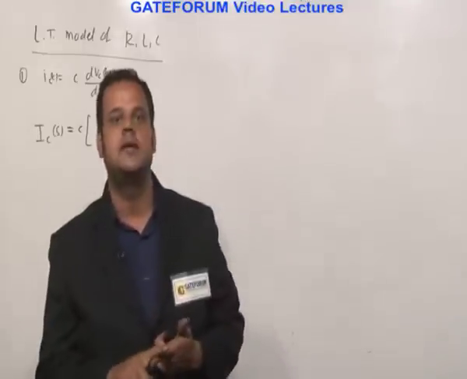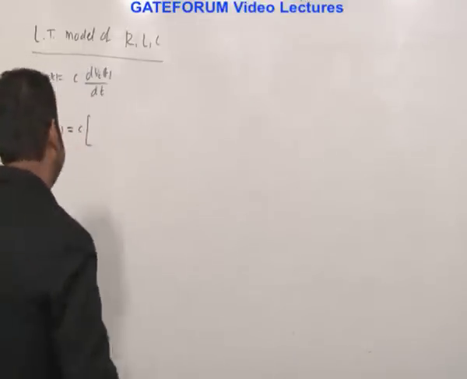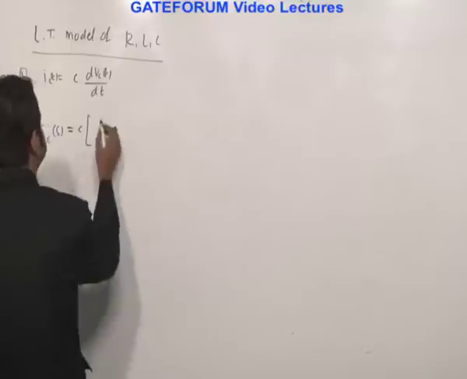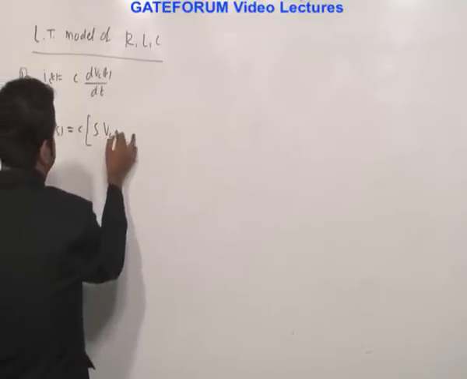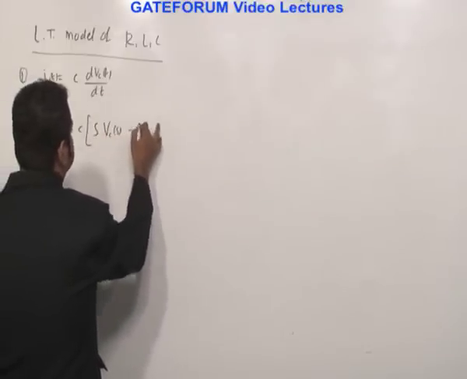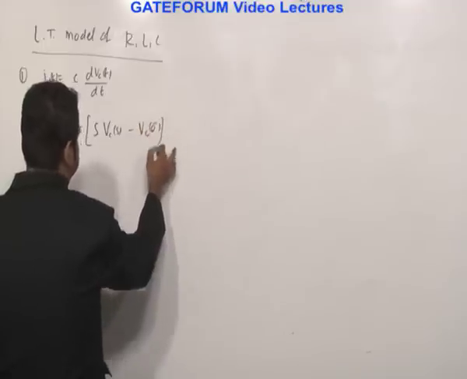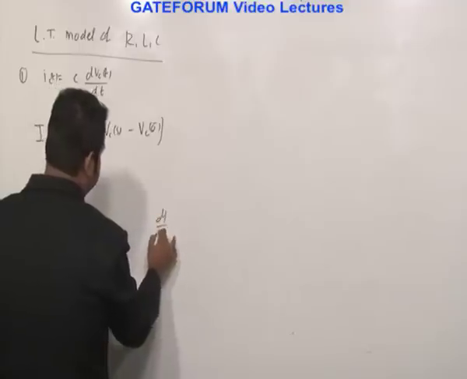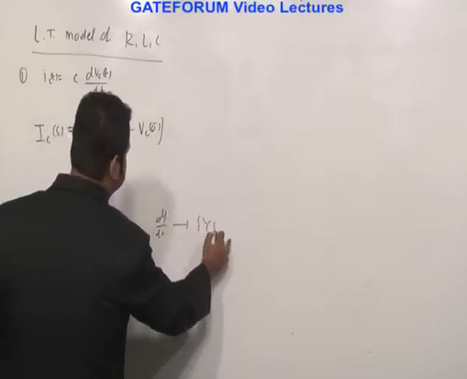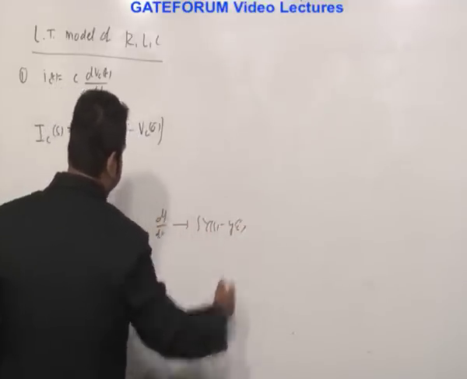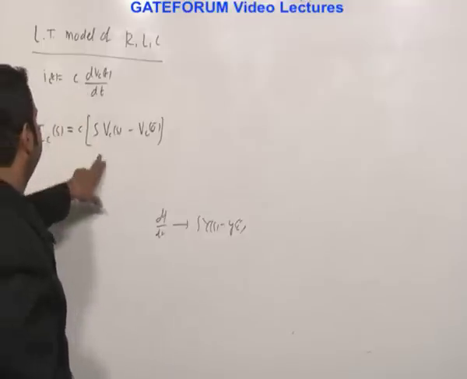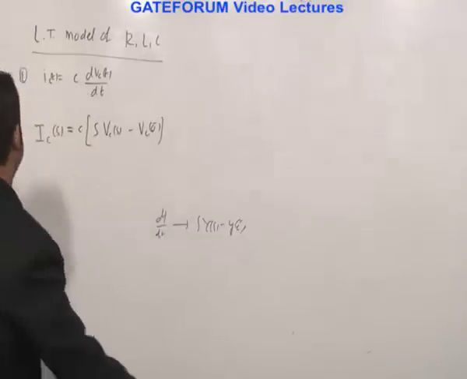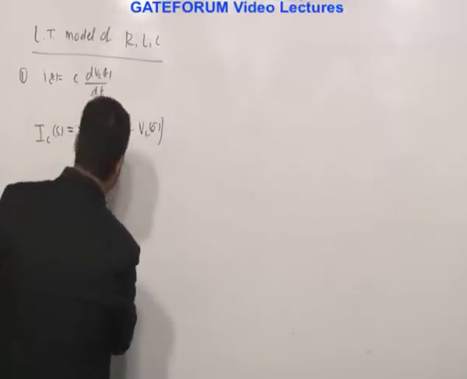It is s into x of s minus x of 0 minus. So what should I write for this? s into VC of s minus VC of 0 minus, because by the property, dy by dt has s into Y of s minus y of 0 minus. So for dv by dt it is s into VC of s minus VC of 0 minus.